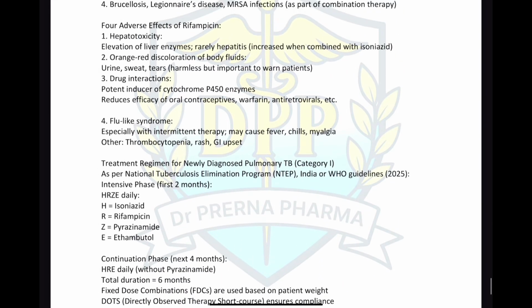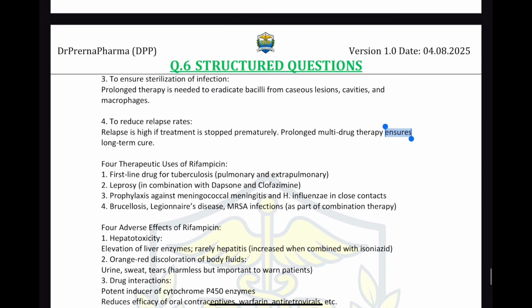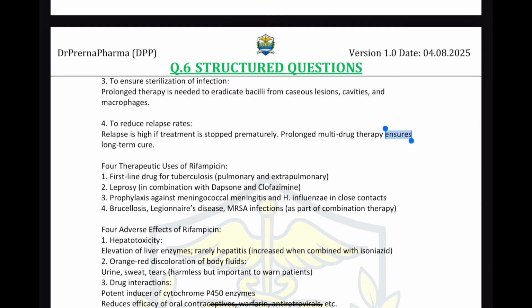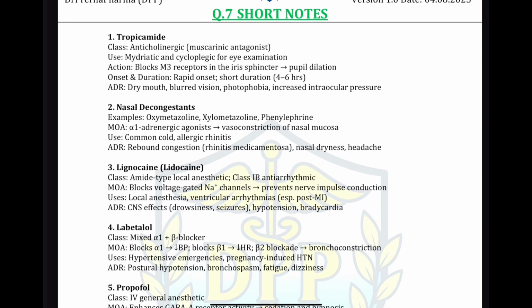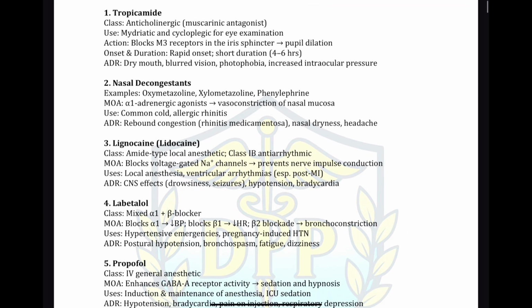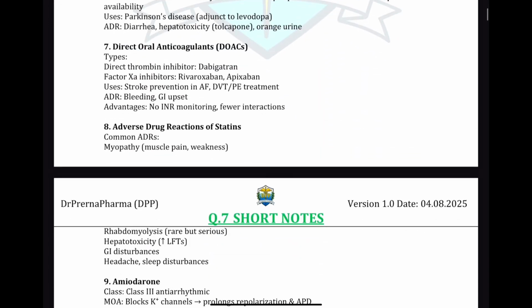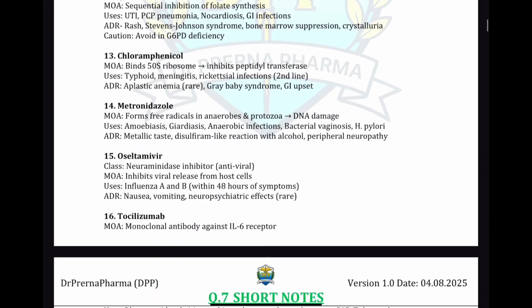So this is the question number 6, the structured question. Let's see the question number 7 and 8 also. So students, question number 7 is again short notes, and this I have compiled again from topics from past year papers, and there is a beautiful compilation of 134 short notes.